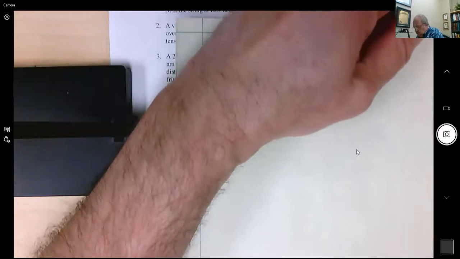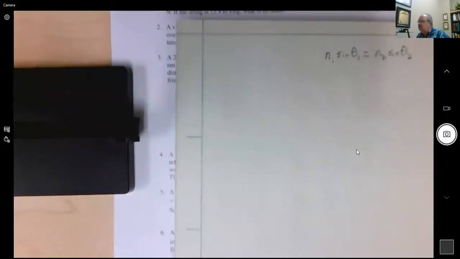Okay, so N1 sine theta 1 is equal to N2 sine theta 2.